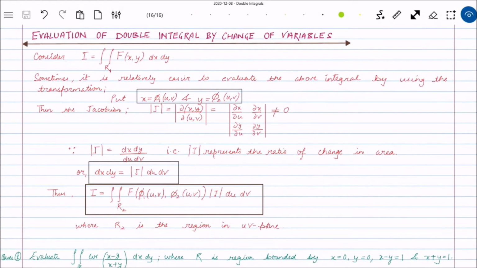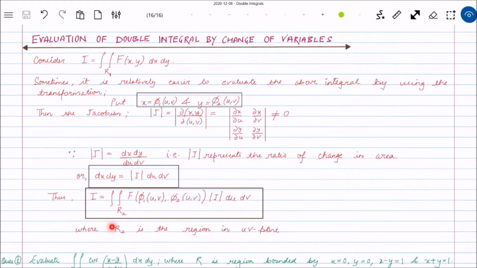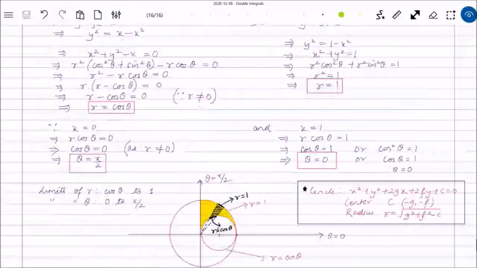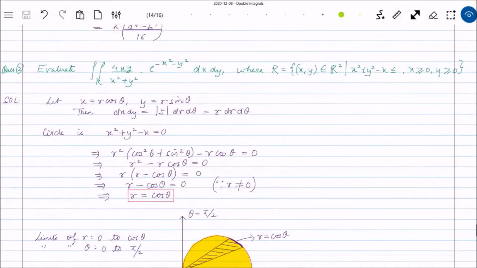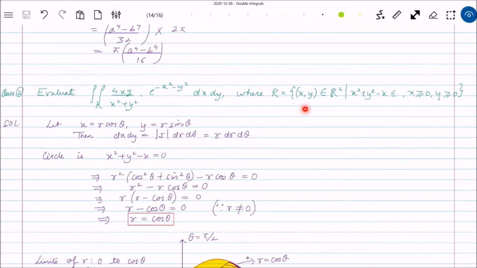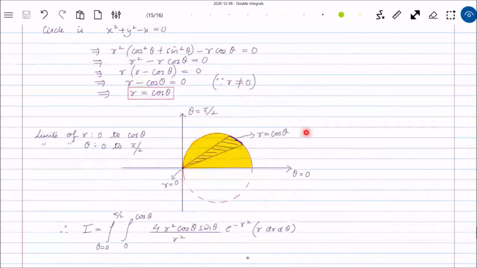It is not necessary that the shape of the region remains intact as it was in the case of change of variable from xy to r theta plane. I will show you that. We did a few problems yesterday, and we observed that whatever the region in the xy plane was, the shape of the region was the same in the r theta plane, right?